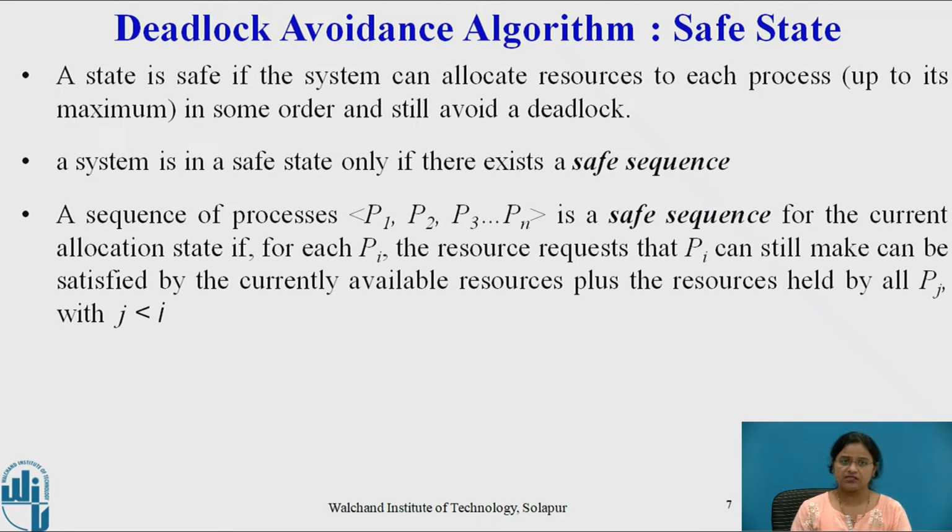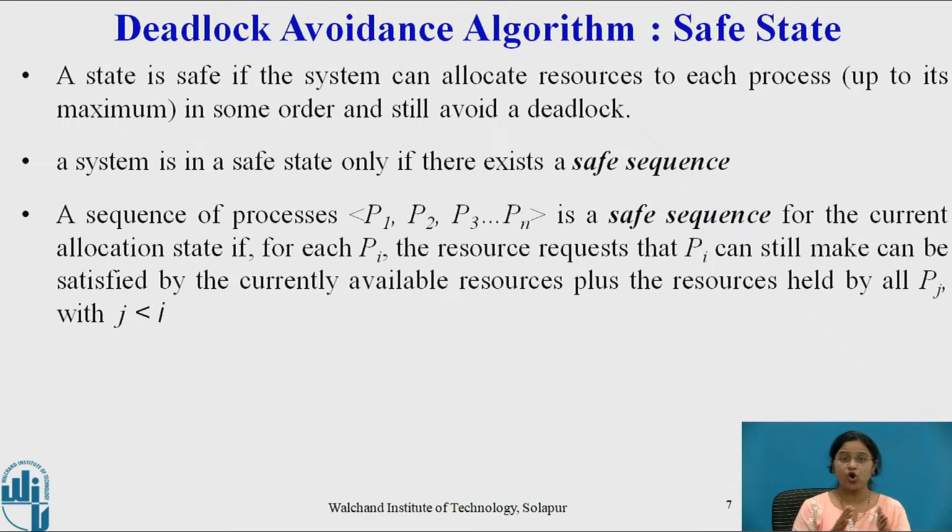What is a safe sequence? A sequence of processes, for example P1 to Pn, is a safe sequence for the current allocation state if for each process Pi, the resource requests that Pi can still make can be satisfied by the currently available resources plus the resources held by all the Pj with j less than i. Suppose we have a set of n processes, P1 to Pn.